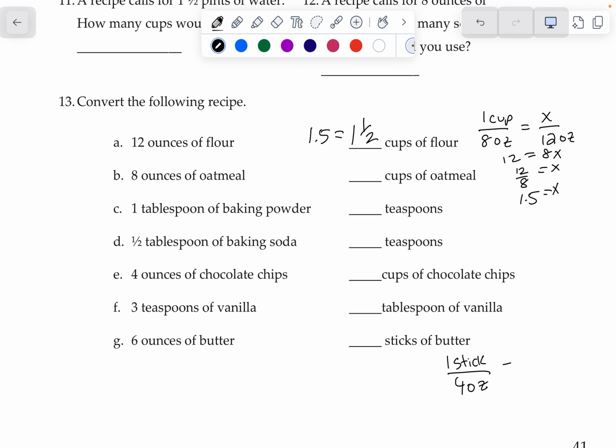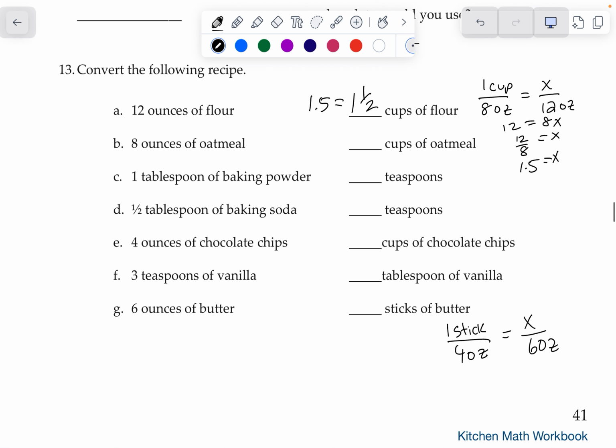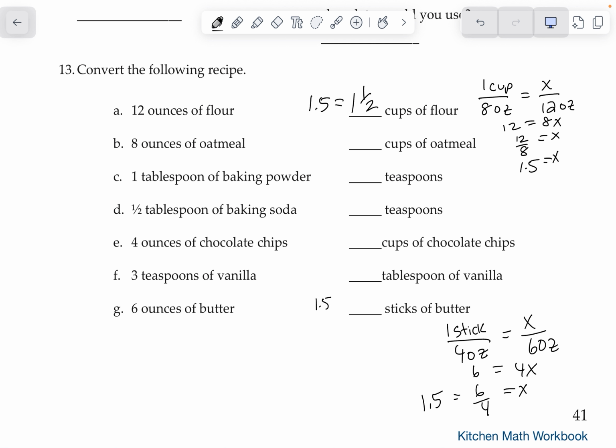The 6 ounces would go in the bottom. We're going to cross multiply. We're going to get 6 equals 4x. So x is 6 divided by 4. Just so happens we're going to get that same 1.5 on the calculator, but we should write that as 1.5 sticks.